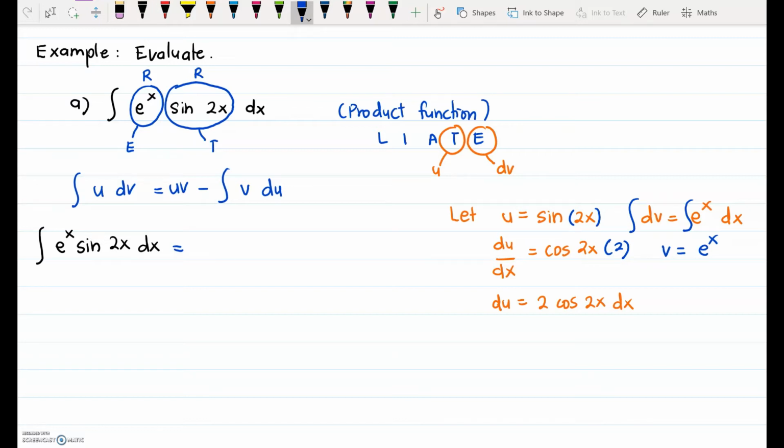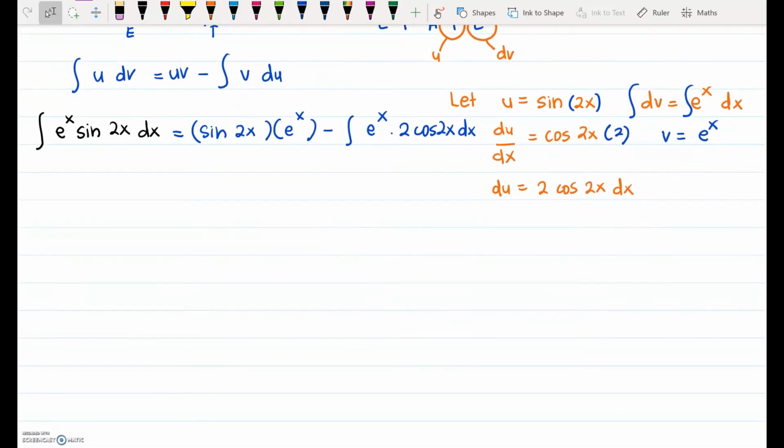Now you can substitute in your formula. u is sine 2x, and v is e^x, and then the integration of v du. Where is your v? It is e^x, and your du is 2 cos 2x dx. Then continue.